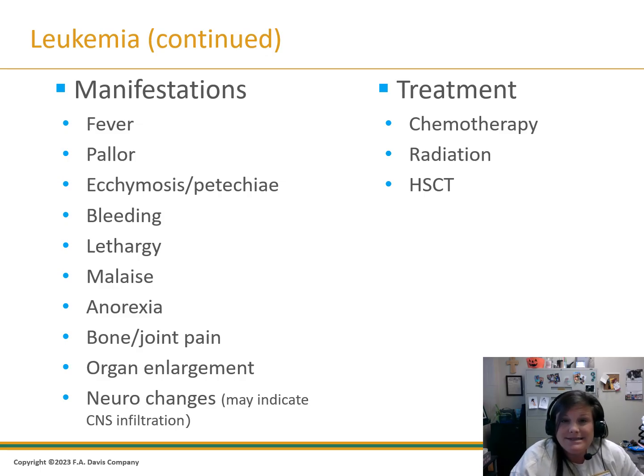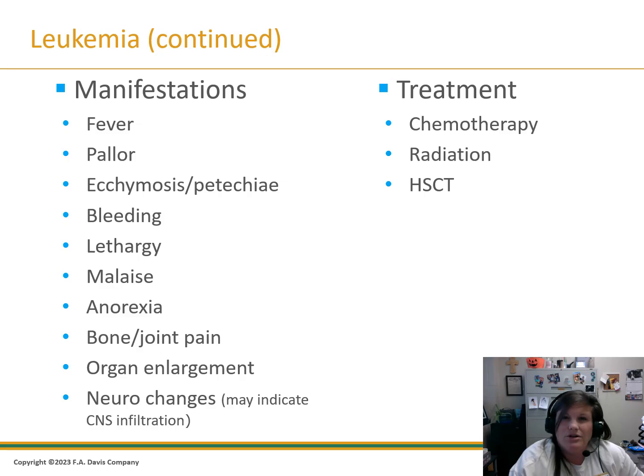Bleeding in different places. That could be GI bleeding, blood in urine, or blood with vomiting, just frequent bleeding in general, which is something we also talked about previously when we looked at part 1 of this chapter in talking about hematological disorders.